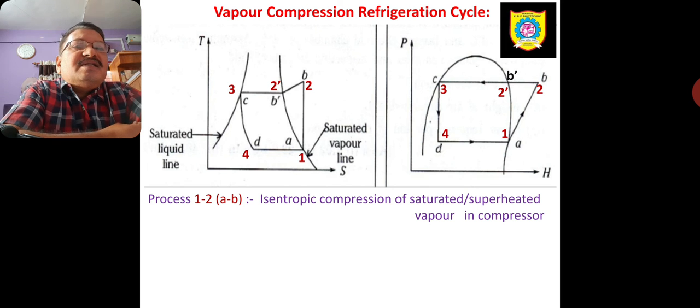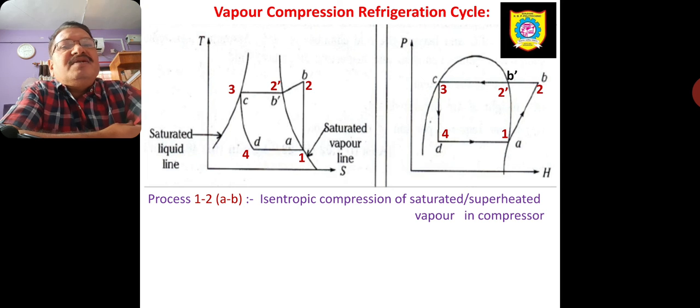This compression is isentropic compression, and before compression the condition is saturated or superheated. Vapor is being compressed in the compressor, and the refrigerant is the working substance which is used in the refrigeration systems. So that is compressed during the first process 1 2.